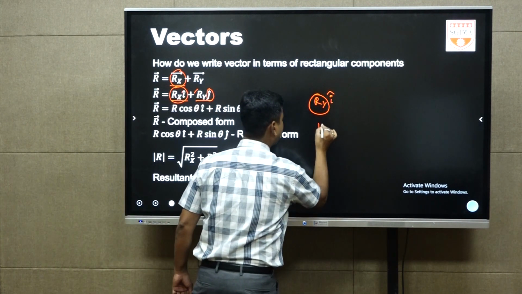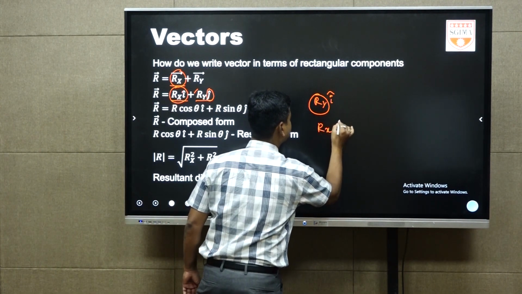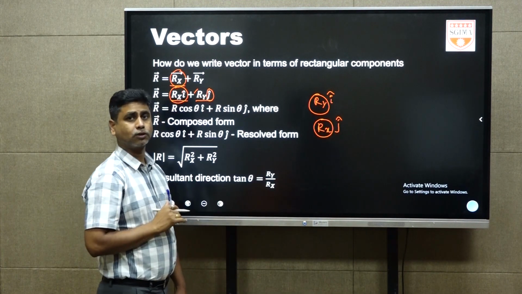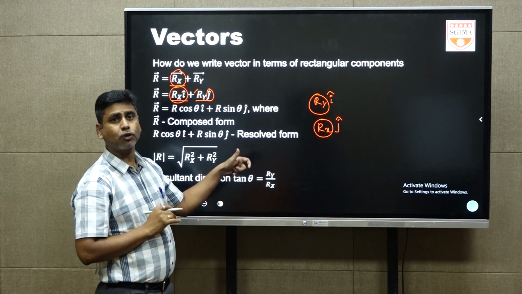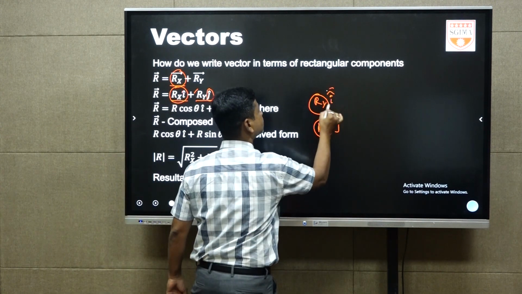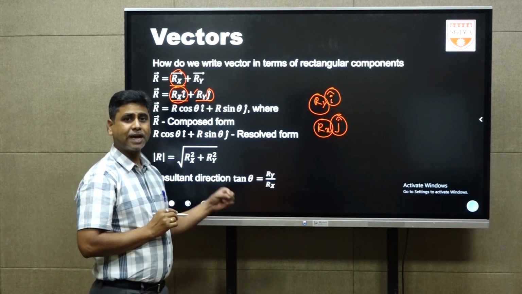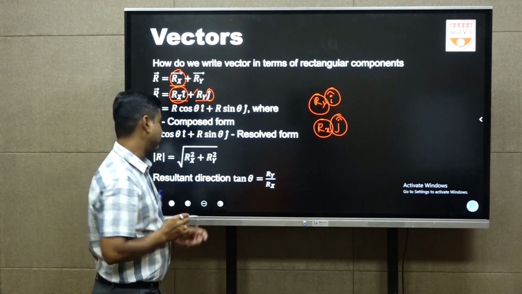For example, Ry j cap has this magnitude acting along the y-axis only. The unit vector will decide in which direction the magnitude is acting.